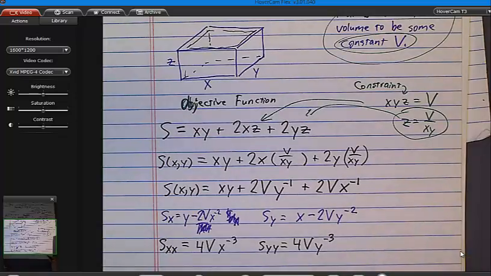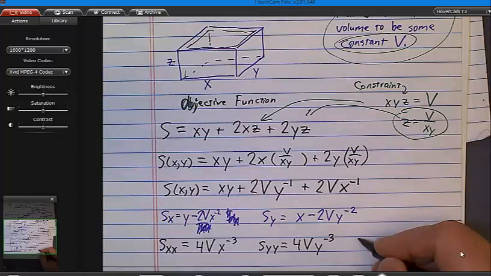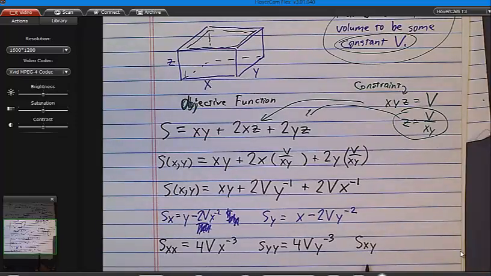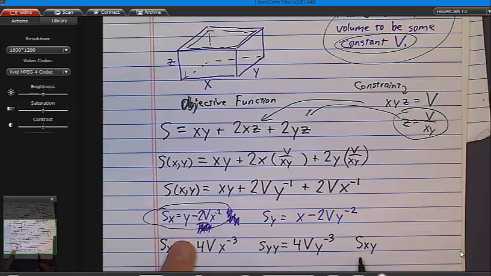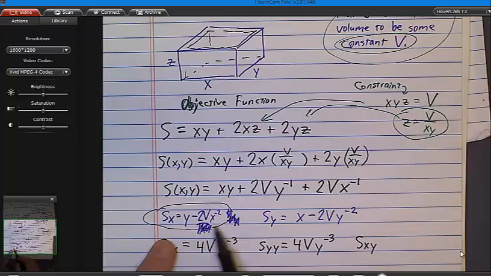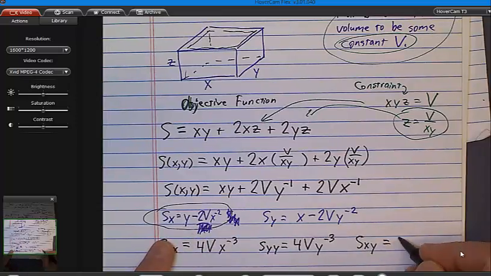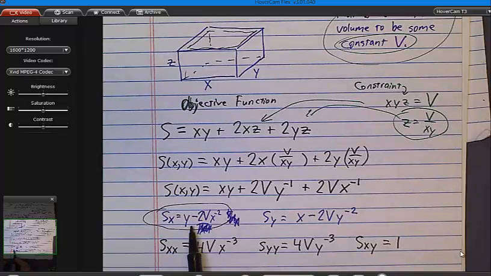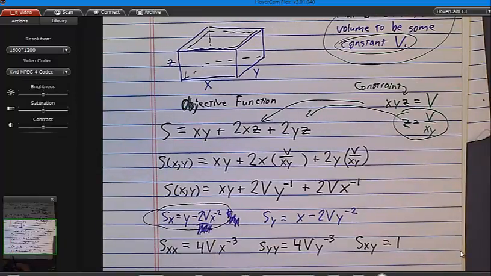But then there's other ones you can do, right? So you can compute Sxy, and that means take this first function, but take its partial derivative with respect to y now, right? So we computed the partial derivative of s with respect to x. Now take this partial derivative with respect to y. What's that going to equal? 1. Because it's 1 plus 0, because there's no y's there, right?